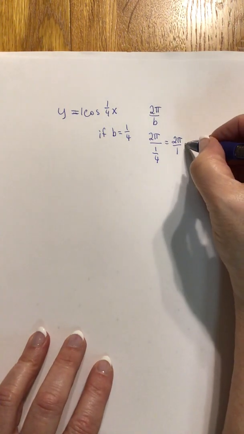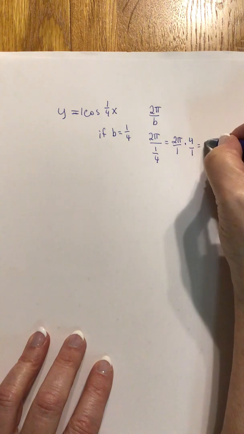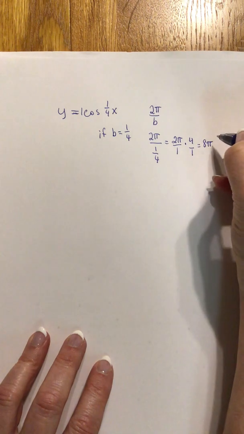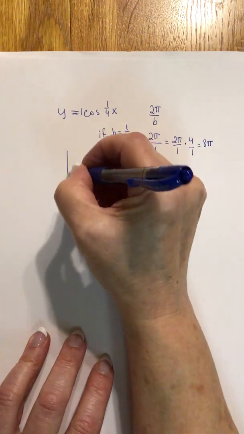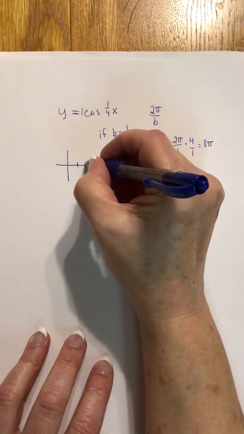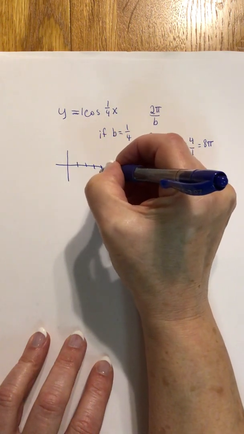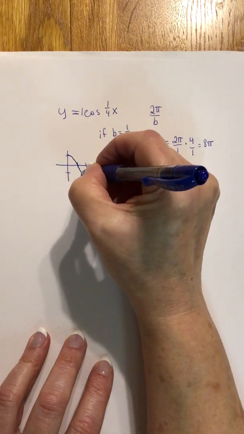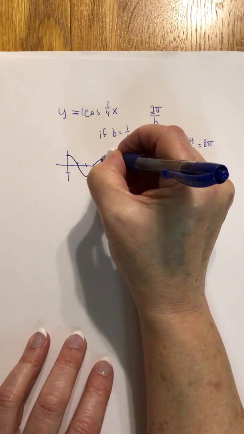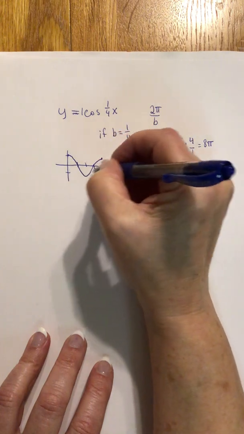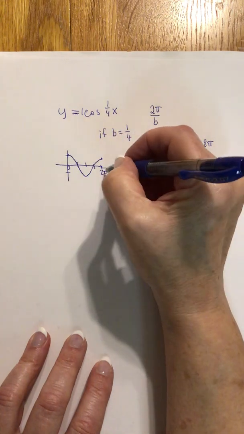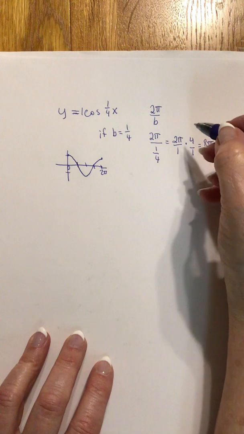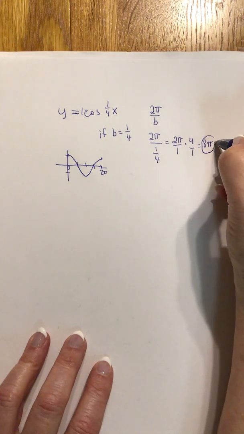So we have times 4/1, which gives me 8 pi. So I know my basic cosine graph goes to 2 pi, and then comes down and looks something like this. So I'm going to recreate this same shape, but instead of from 0 to 2 pi, now I'm going to go from 0 to 8 pi.